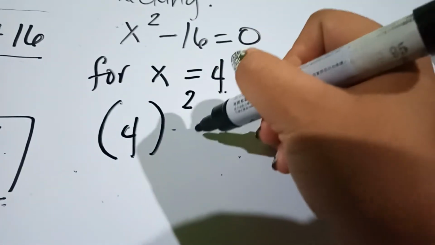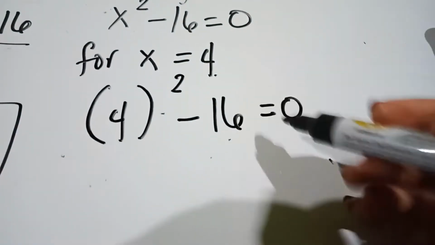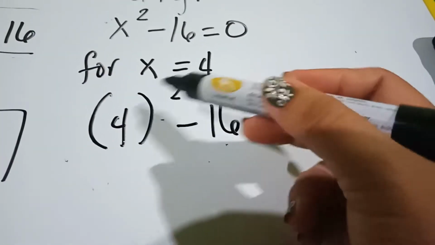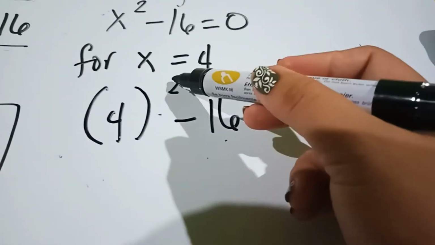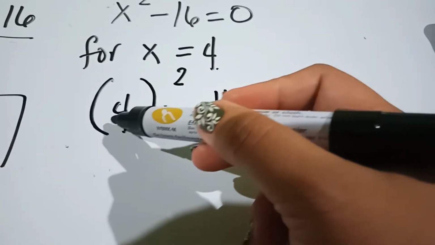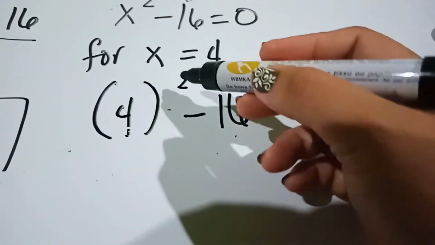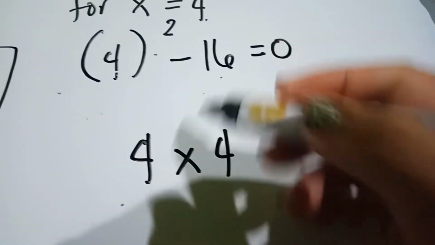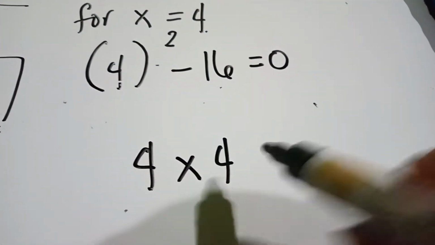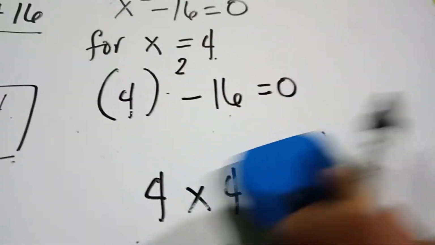And then squared minus 16 is equal to 0. 4 squared, hindi po yan 4 times 2 ha. Ang exponent ang magsasabi kung ilang beses mo i-multiply yung base natin. So, therefore, magiging 4 times 4 po yan. Just like this one, 4 times 4. 1, 2. Ilang 4? Dalawa. So, 4 times 4 is equal to 16.